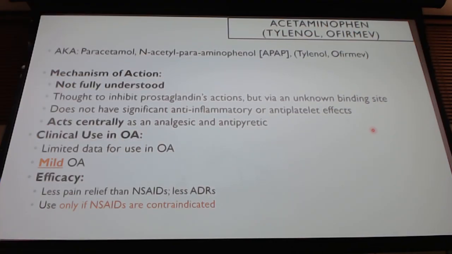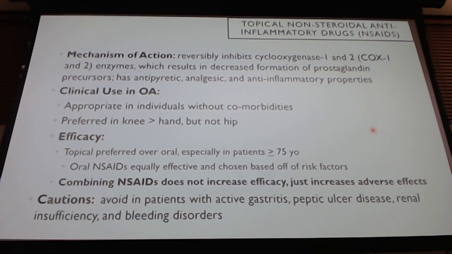No, because it is not an NSAID, right? So our NSAIDs were helping us with inflammation. This is not going to help me with inflammation, it's just helping me with the pain. Okay, so that's why it doesn't have a lot of evidence or a huge role when we're talking about it in the sense of arthritis. Okay, because I don't have any anti-inflammatory properties.